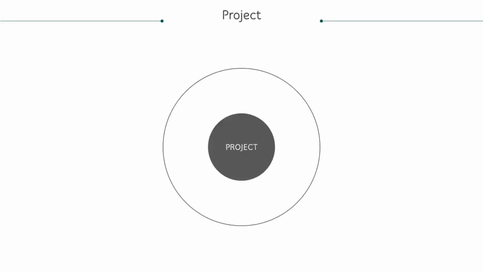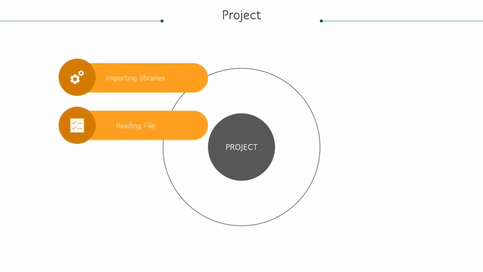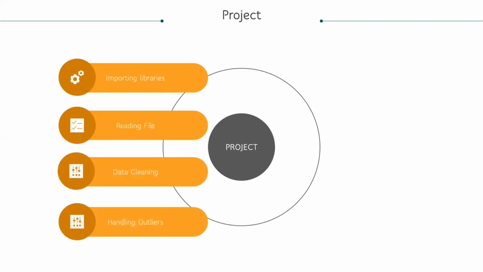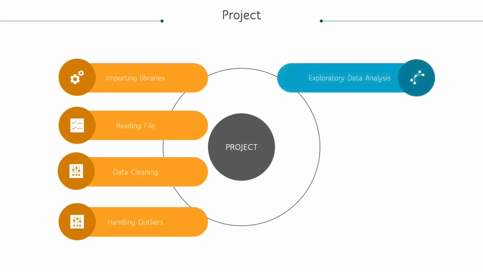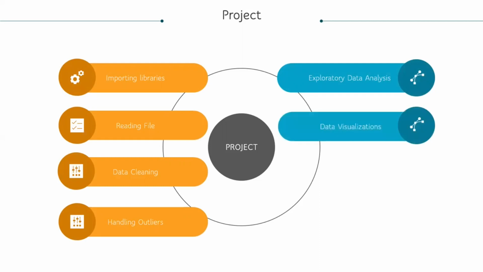Now let's see what steps of data science we will be covering in this capstone project. So on the very first hand, we will import libraries, and then we will read the CSV file. And next, we will do some data cleaning, and then we will handle the outliers, and we will also do exploratory data analysis. And after that, we will do some data visualization.